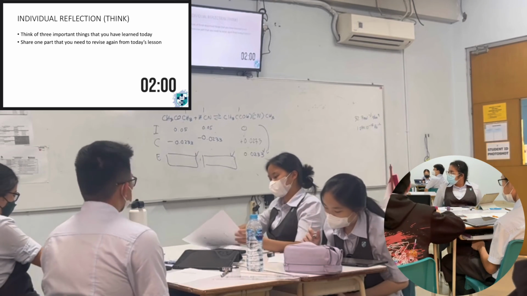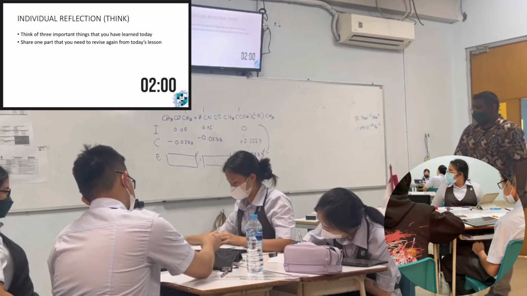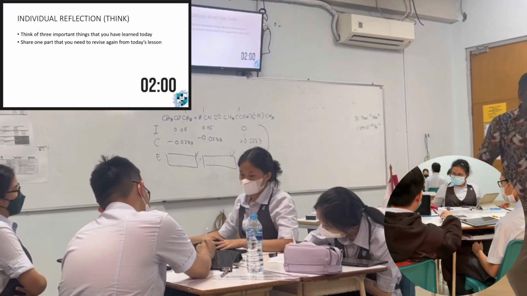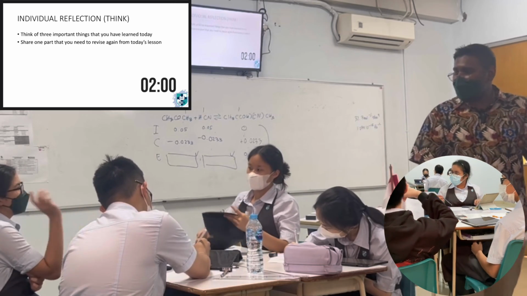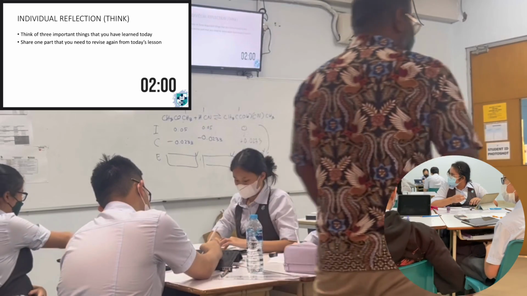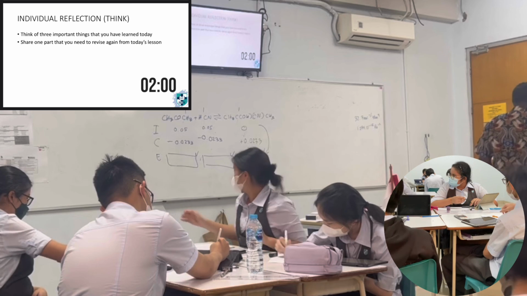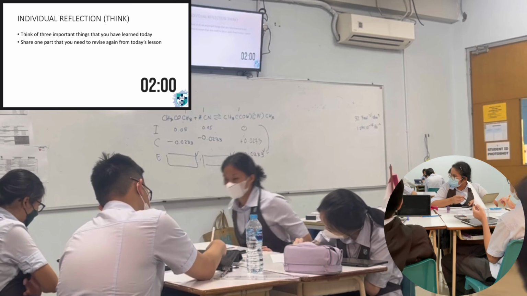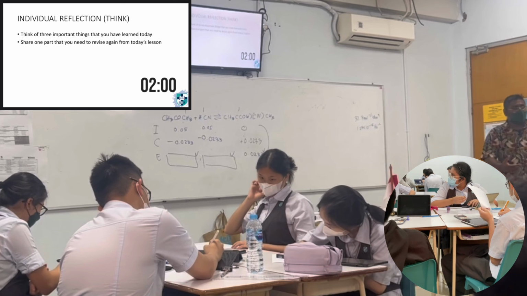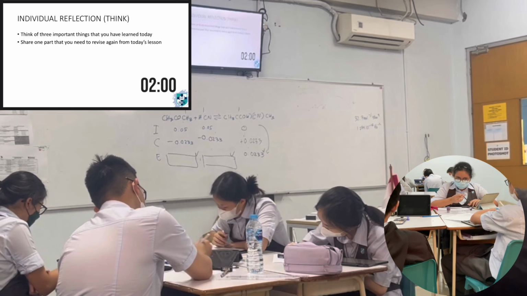Think now, individually. I cannot give you 2 minutes, it will be less than that. Start to think, or maybe write it down. No, think first, don't write it down in the Padlet yet. 3 important things that you have learned today, and 1 important thing that you need to still study at home, or maybe we need to practice more.